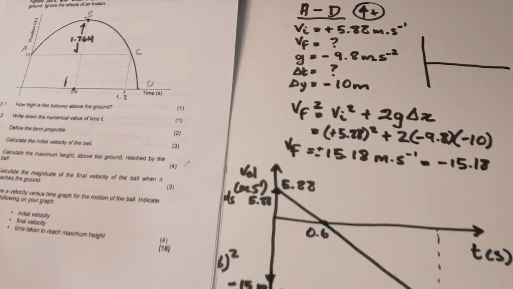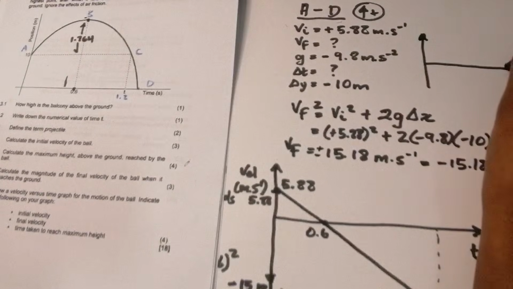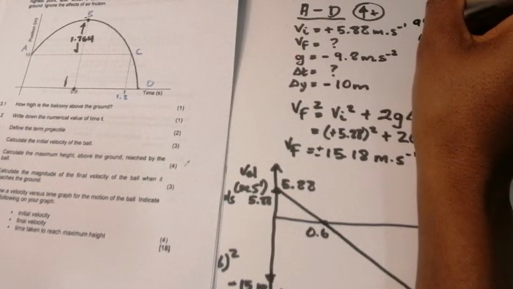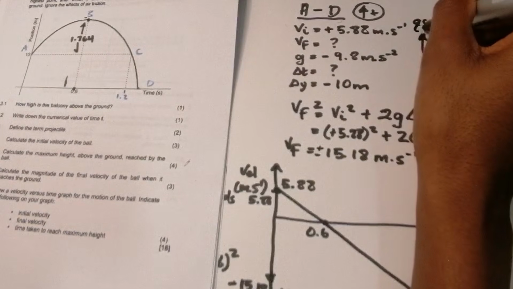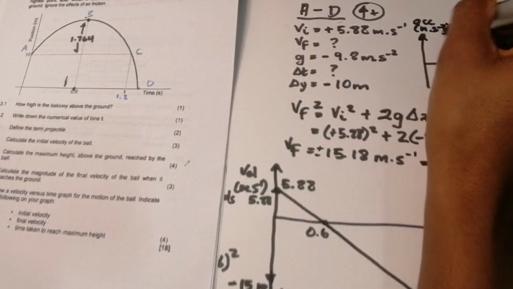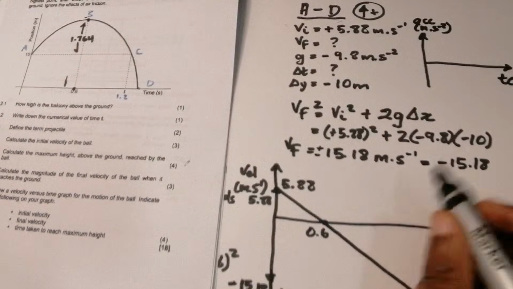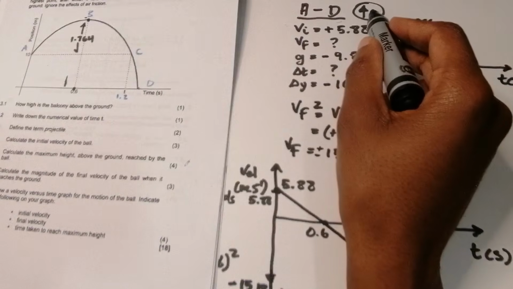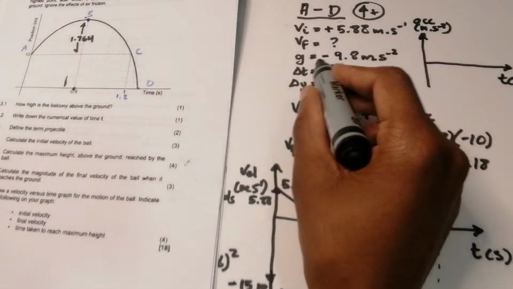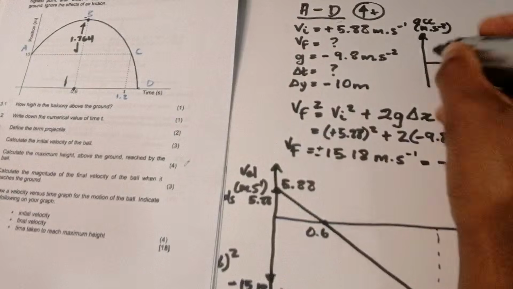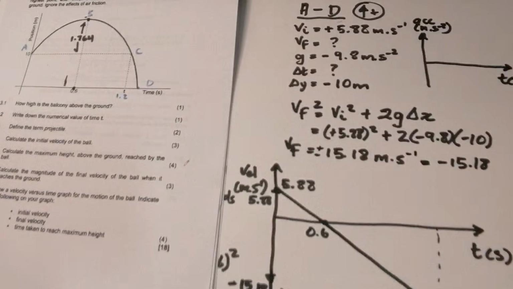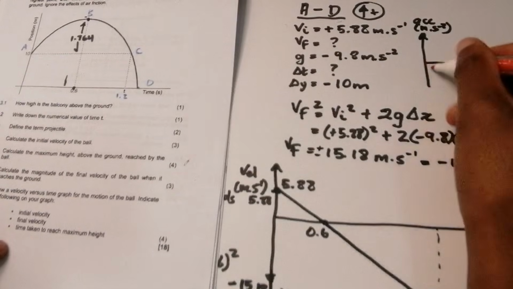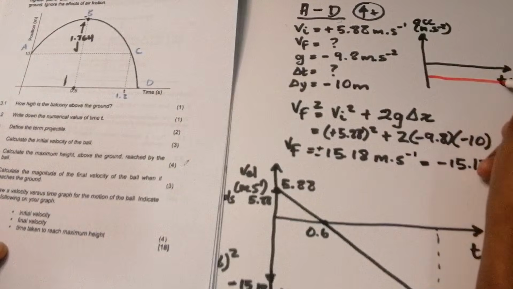So this would be acceleration in meters per second squared. So what would our graph look like? Remember, in this particular case, we took upwards as positive, so as a result, acceleration is minus 9.8.